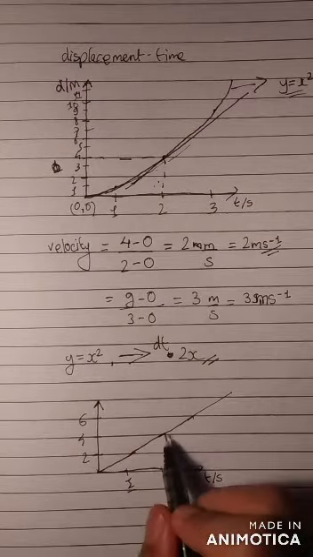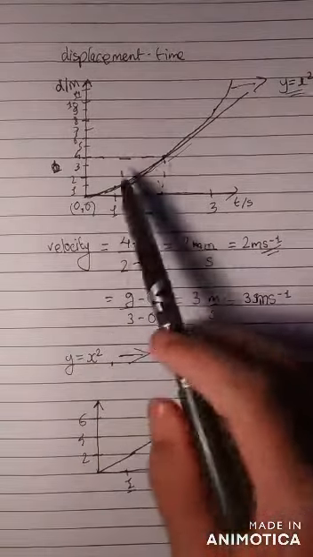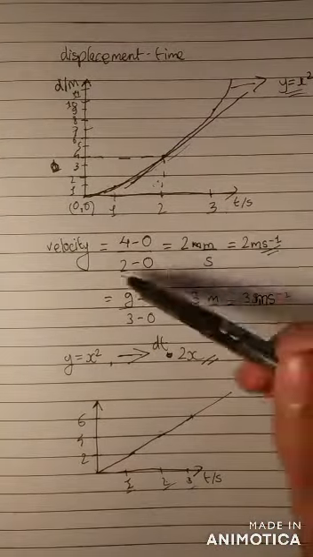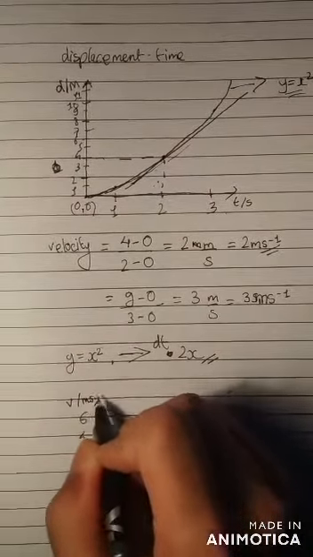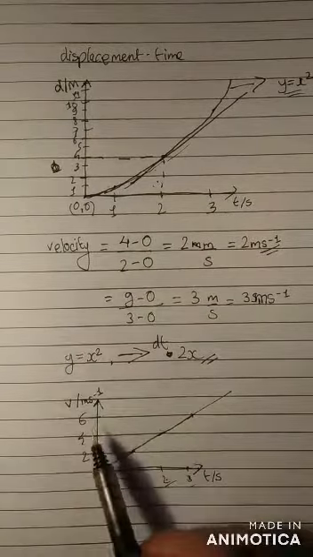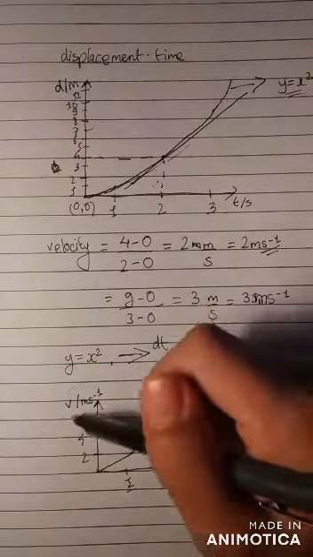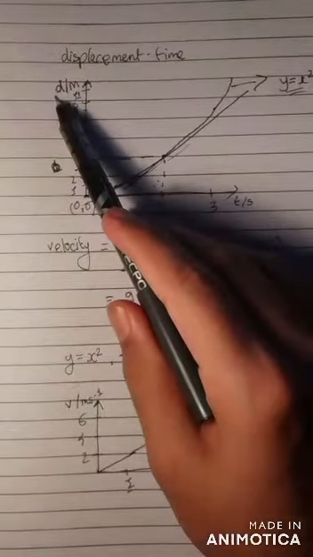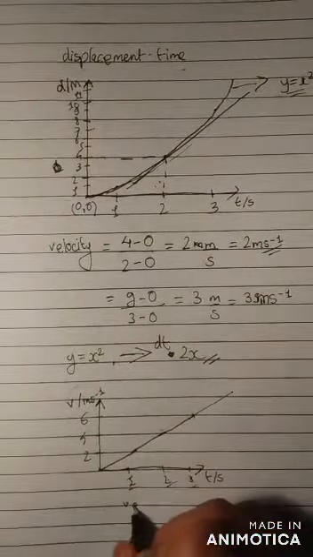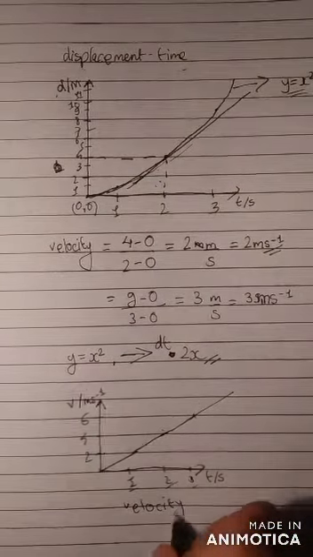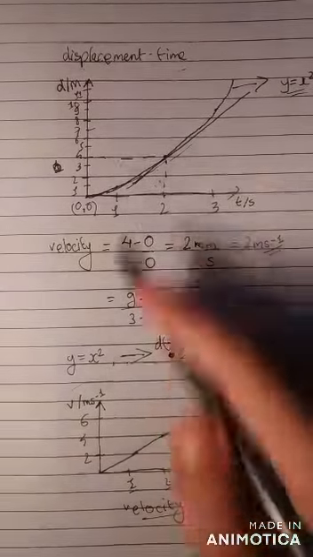At 2 it would show 4, at 3 it would show 6, and as we have already drawn, the gradient is velocity, so this is also velocity, meter per second. We have found a new graph with velocity in it. From the graph of displacement time, we have found the graph of velocity time in the same situation.